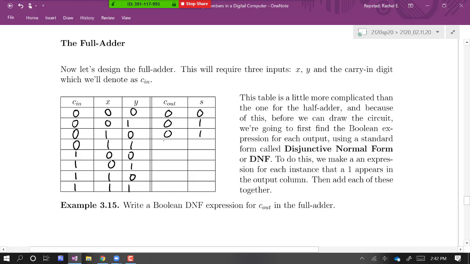What do we get in the next row? 1, 0. Yep. The next 0, 1. 1, 0. 1, 0. 1, 1, because that adds up to 3. Great.